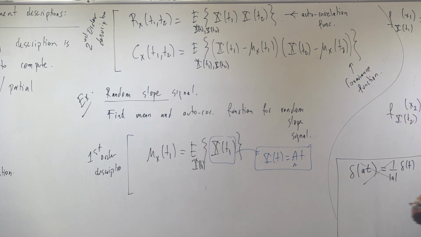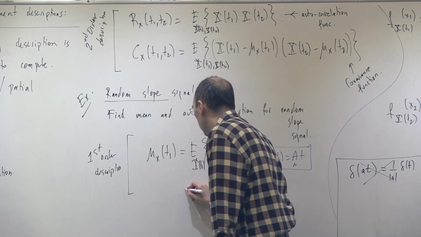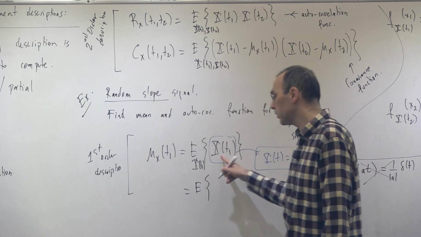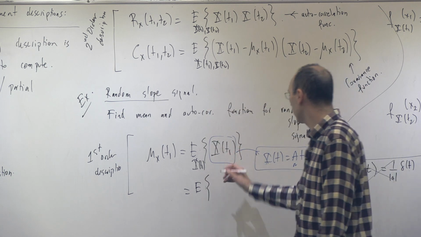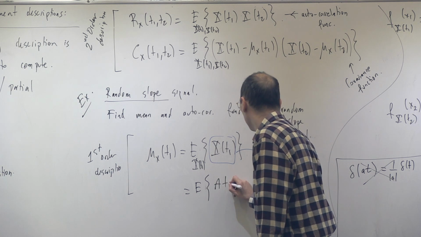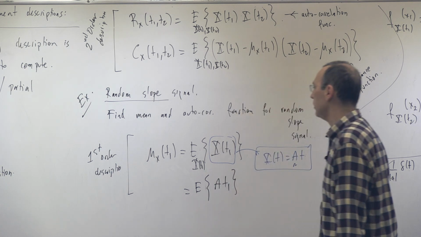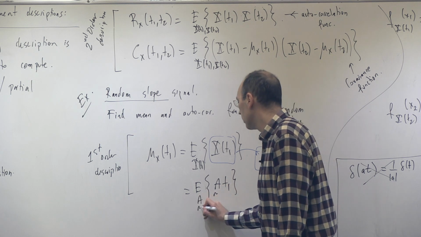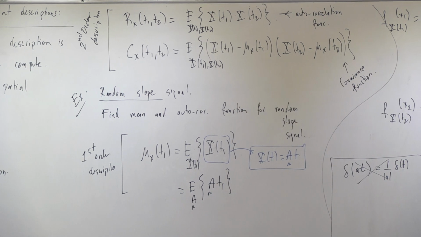So this is the important property of expectations. As soon as you write inside of this, this requires a proof, but this is central to expectations. A times t1. Now you can evaluate this with respect to A.